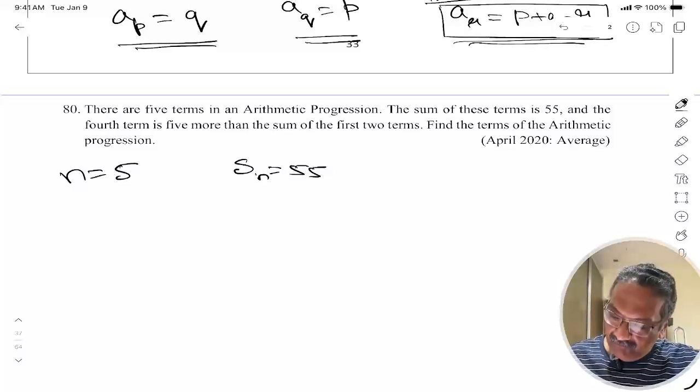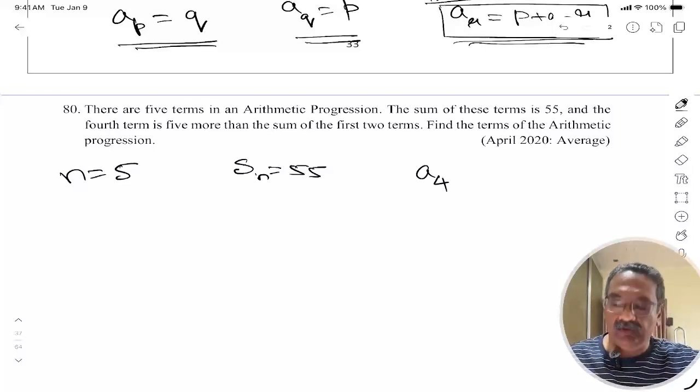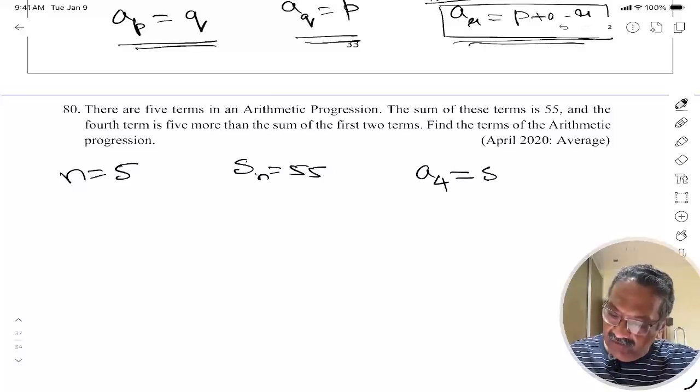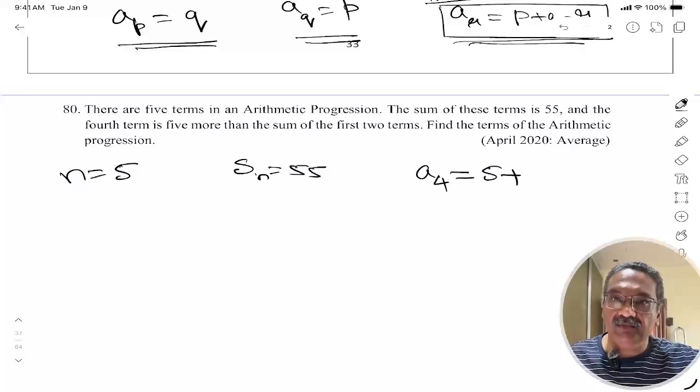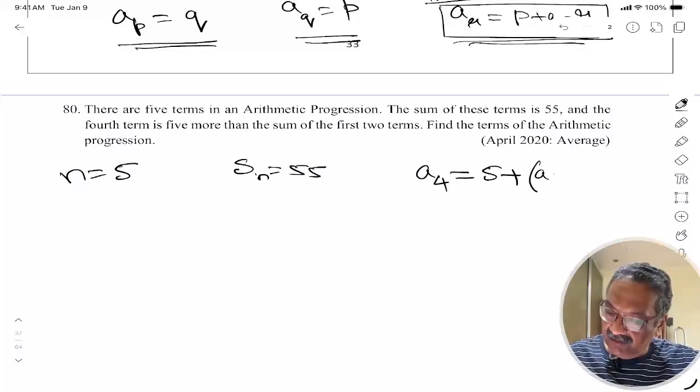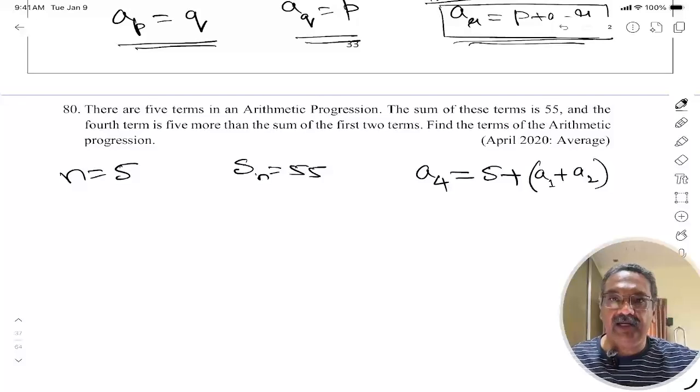So what he is saying is the fourth term, that is A4, is 5 more than the sum of the first 2 terms, that is A1 plus A2. Find the terms of the arithmetic progression.